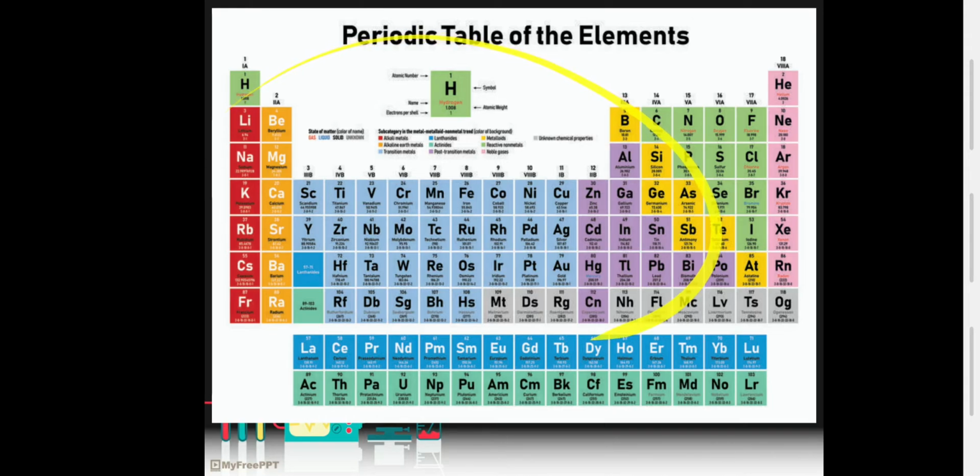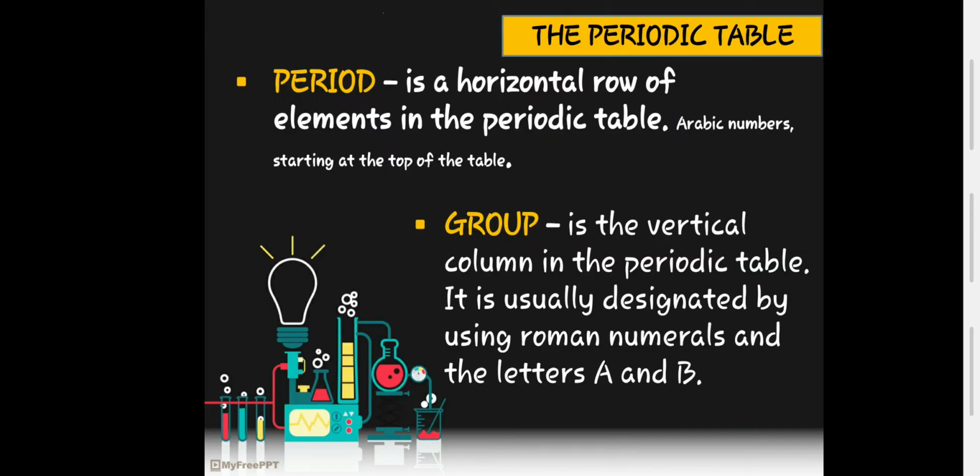So take a look at your periodic table, guys. Compare it if it is the same. Okay, continuing our discussion, let's now discuss the inside of the periodic table. As I said a while ago, the periodic table illustrates the groups and periods, the vertical and the horizontal, and of course the symbol, name, and weight.